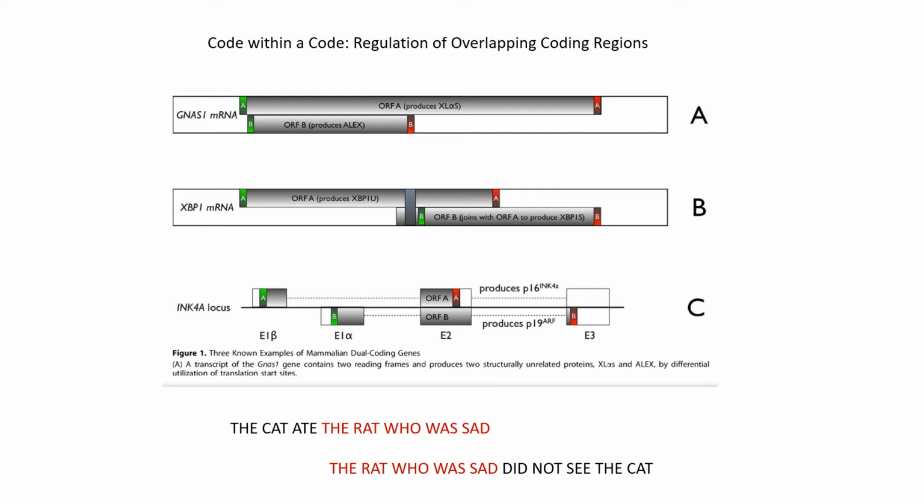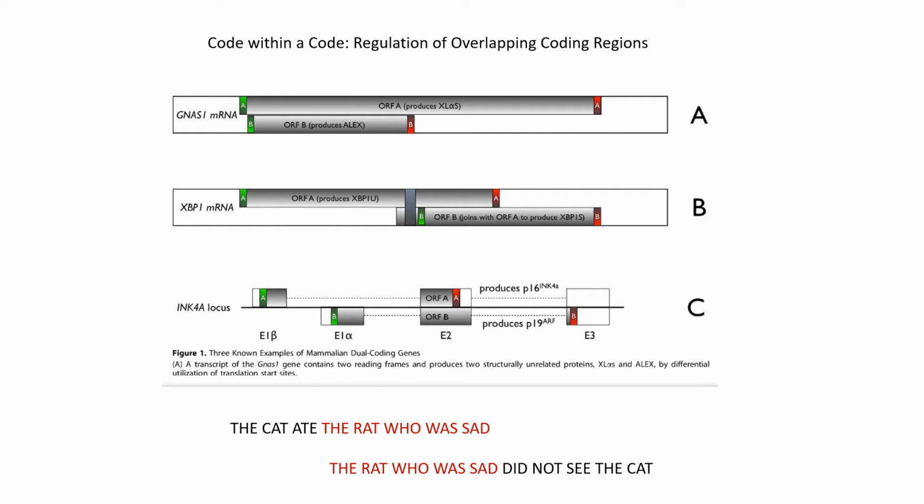And now this is different than alternative splicing because remember we said with alternative splicing, everything has the same reading frame. What that means is the RNA begins in the same place, ends in the same place, but is just internally spliced in different ways. Overlapping coding regions means that there are different reading frames.